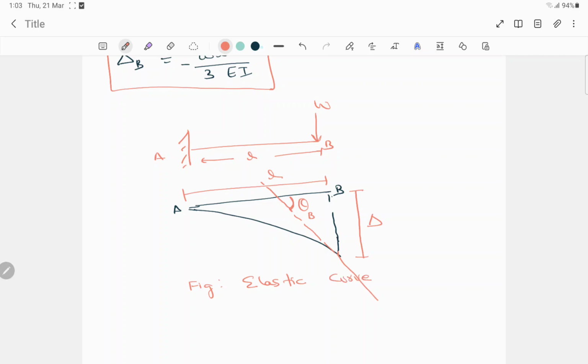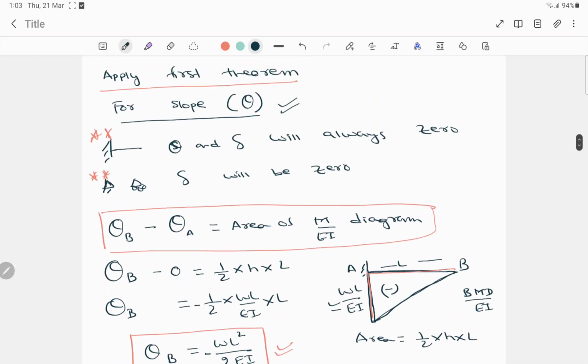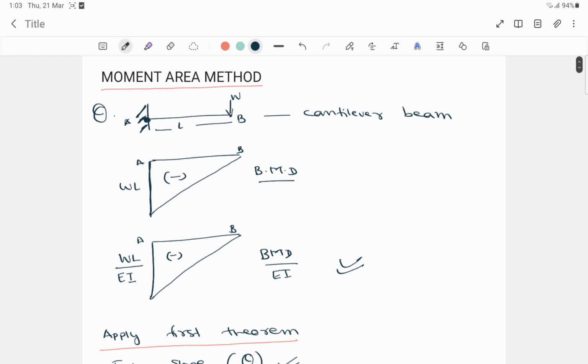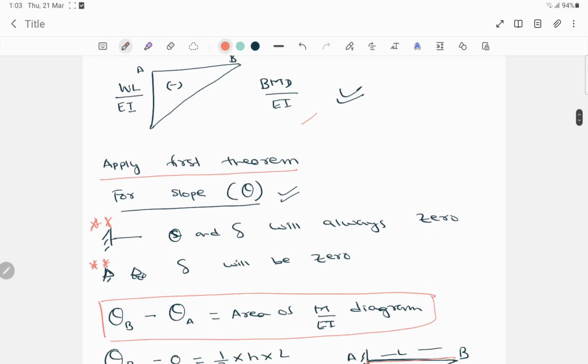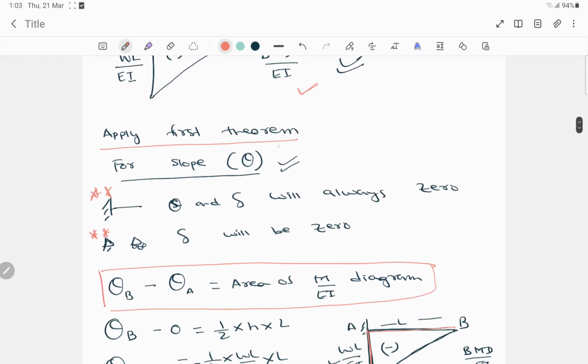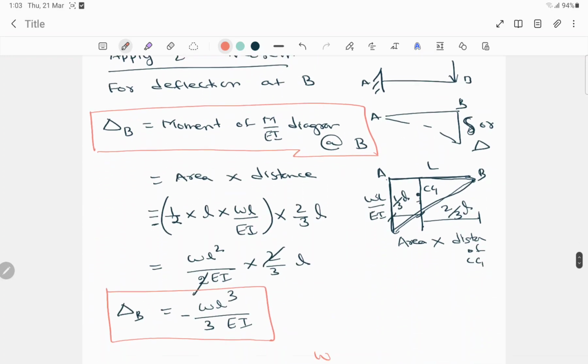So here in the moment area method, in the case of a cantilever beam, first of all we have to draw the bending moment diagram, and second is to draw the bending moment diagram by EI, and from this BMD by EI diagram we have to find the slope and the deflection.